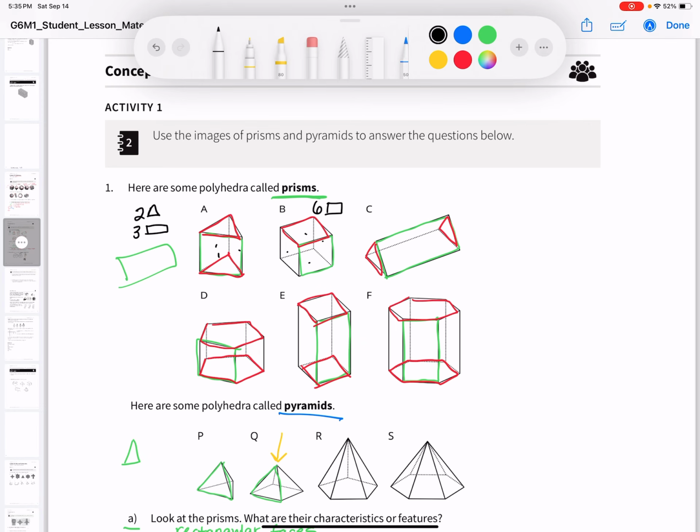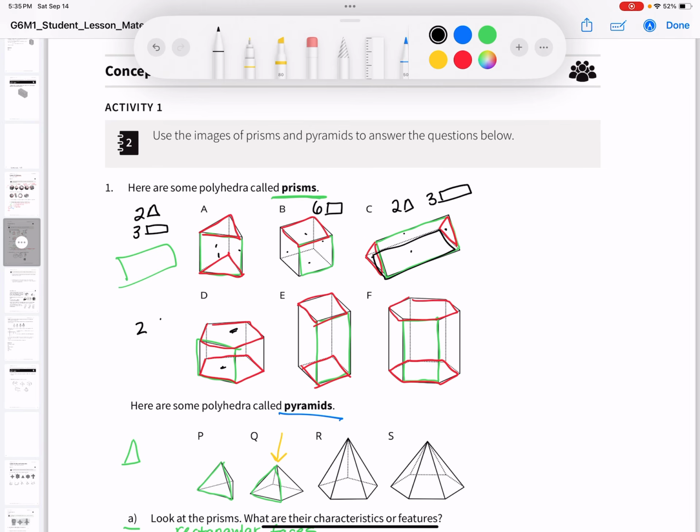For C, you would need 2 triangles, 1, 2, and then you need 1, 2, 3 rectangles. For D, you would need 2 pentagons, because you have the top and the bottom.